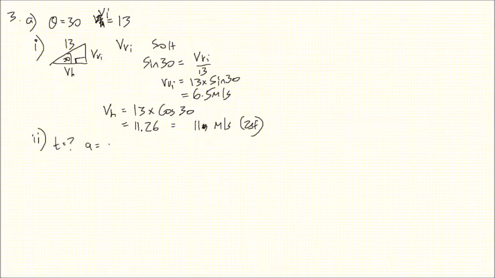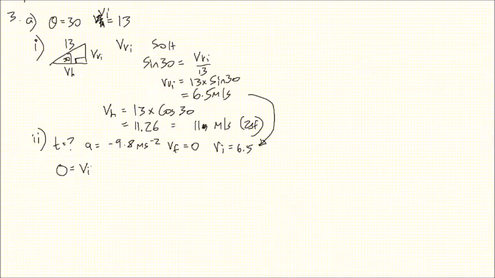Part 2, how long does it take the ball to reach the apex of its flight? So we ask for the time. We have to remember things here, like that the acceleration is negative 9.8, that the apex means that the final velocity is 0, that in this case we're talking the vertical initial velocity, so that's 6.5.